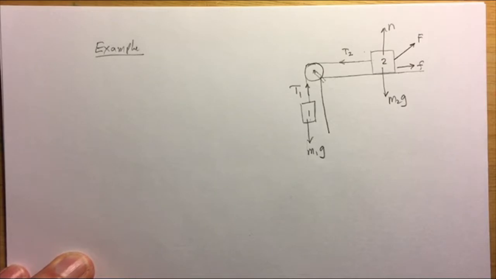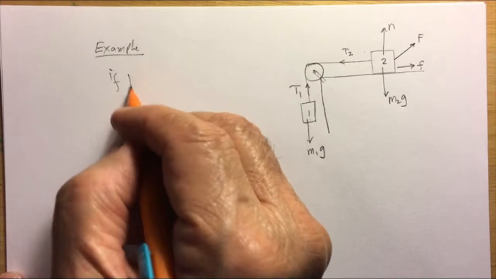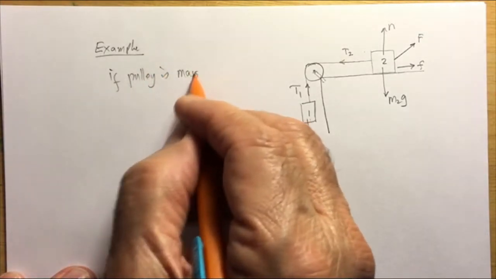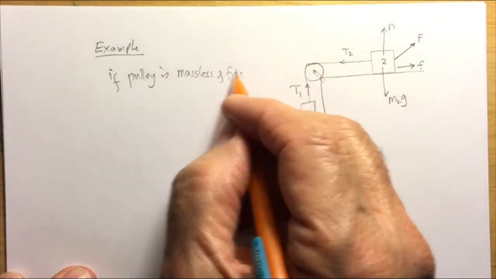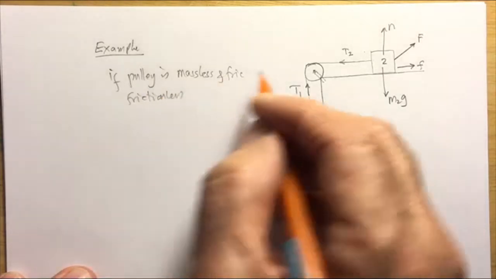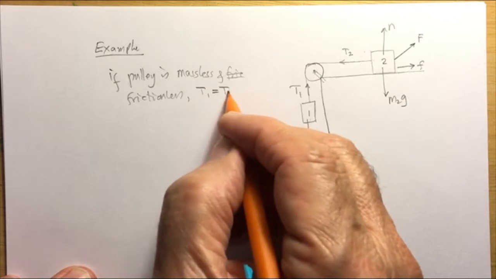So we've seen such problems before. If the pulley is massless and frictionless, then T1 equals T2.